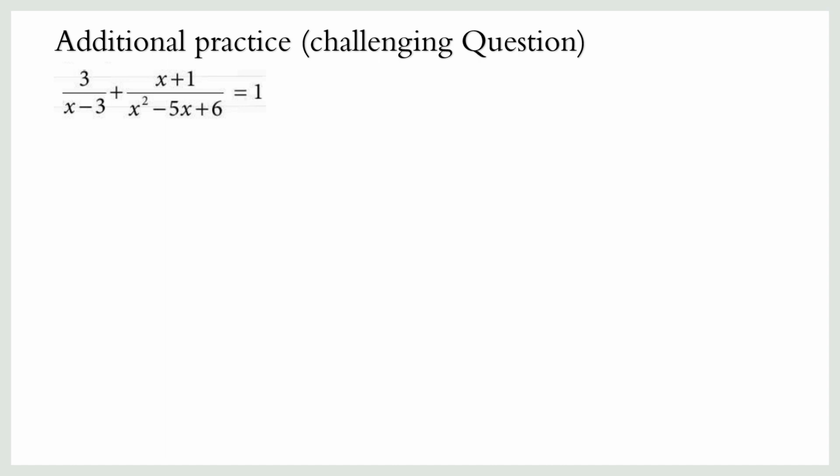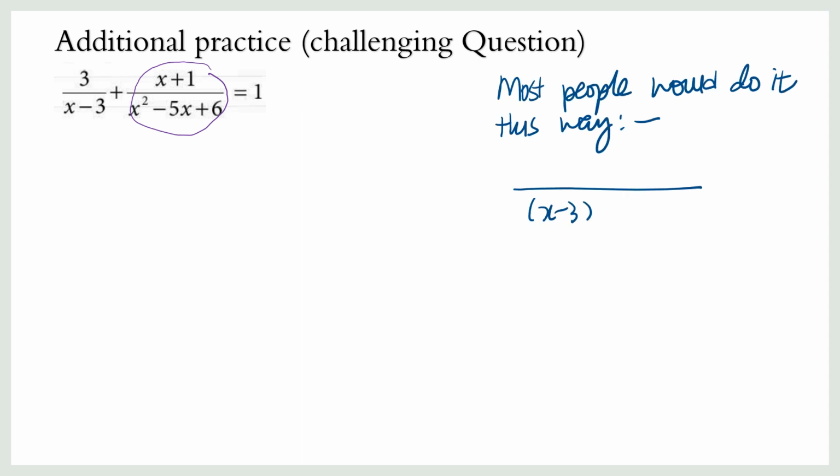So if you look at what we have on the screen, the algebraic fractions look kind of more complicated, especially for this guy here. So we need to combine these two fractions into one single fraction. Some of you may be tempted to do it this way.